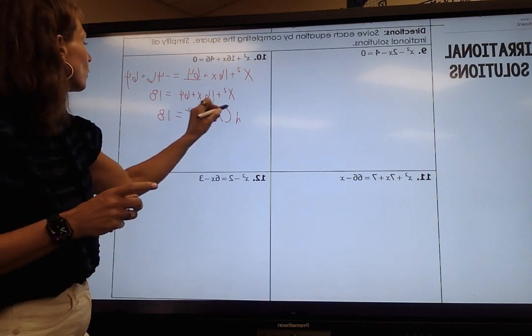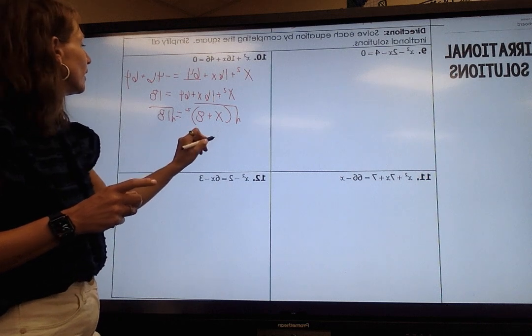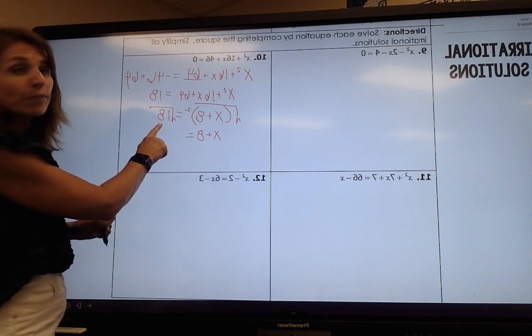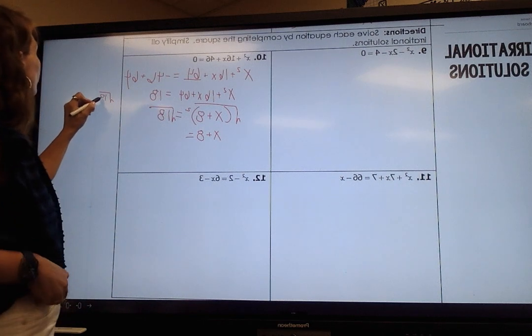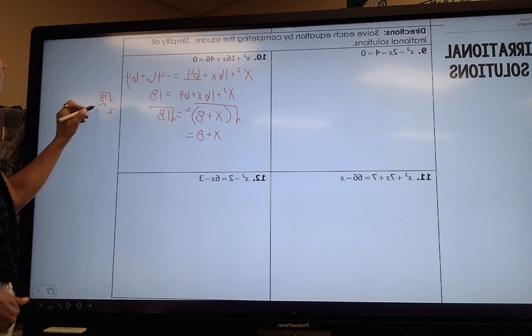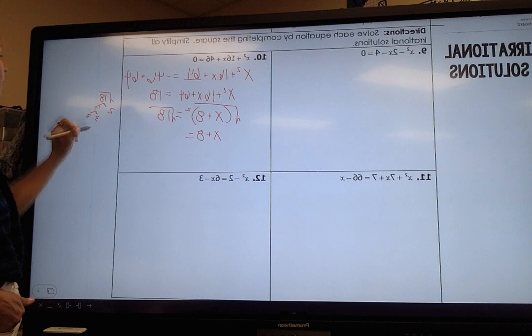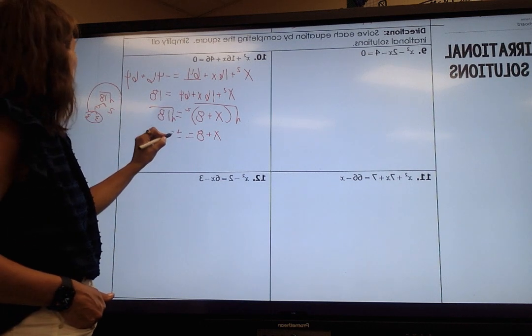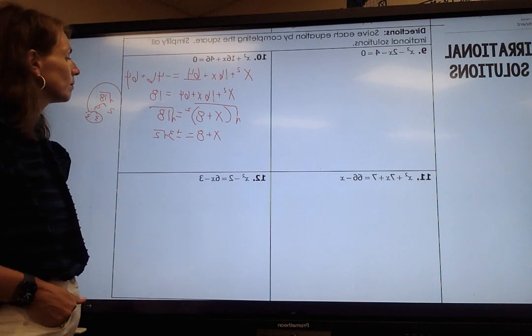Now I'm going to take the square root, and I get x + 8 equals, you've got to simplify this. So if you simplify the square root of 18, I get 2 and 9, 3 and 3. So I can take a 3 out, and I have ±3√2.